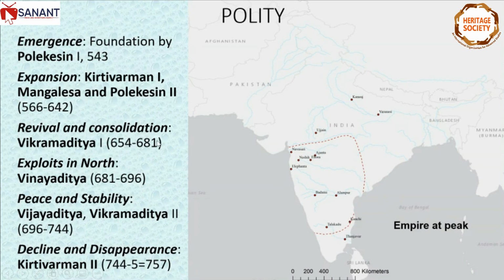At the end of Pulakeshin II's rule, the Chalukyas had to face a defeat at the hands of the Pallavas, who occupied the capital Badami for nearly 12 years, until Vikramaditya I, the son of Pulakeshin II, reconquered the area and re-established Chalukya authority over the region from Narmada to Kaveri. He ruled between 654 and 681.